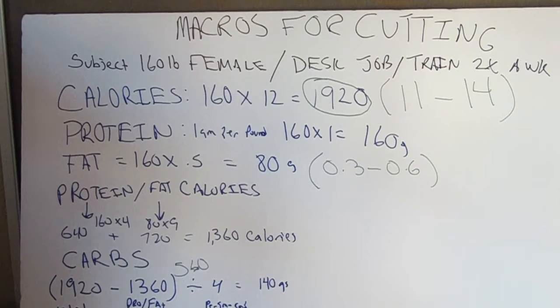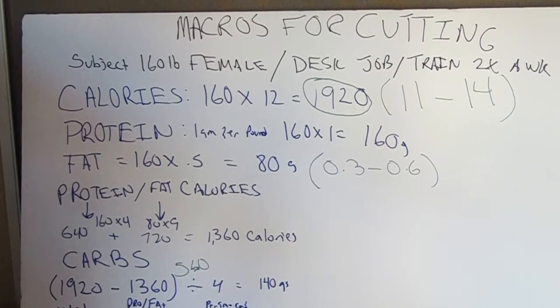The way to figure out this female's calorie intake is you're going to take her body weight. She's 160 pounds. You're going to multiply that number times a number between 11 and 14. 11 being a complete couch potato, 14 being somebody like a construction worker or somebody who works a job that requires a lot of movement and a lot of physicality, okay?